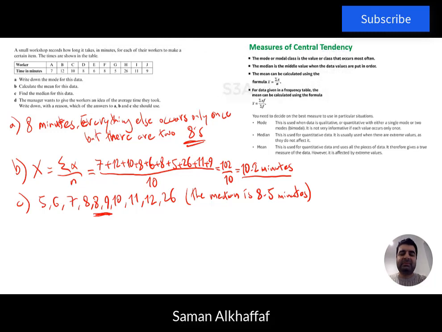Now for part D, the manager wants to give the workers an idea of the average time they took. Write down with the reason which of the answers to A, B, and C she should use. So for part D, we can explain that the median would be reasonable.